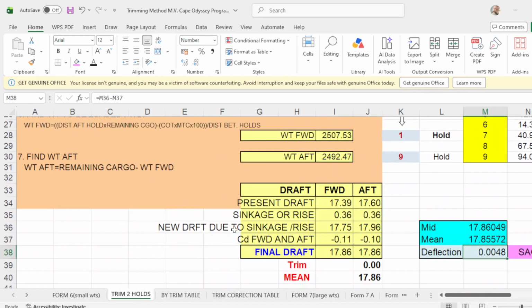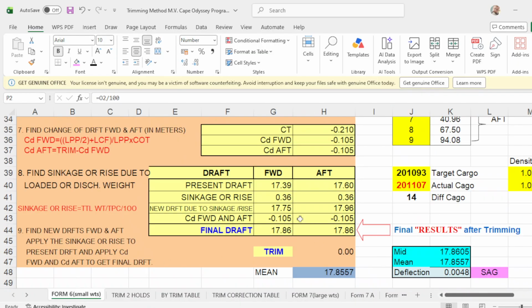This is 3 and 4. So you have programs to back up your answers for sailing drop. With this program, you are sure that your operation is correct, your program is correct.